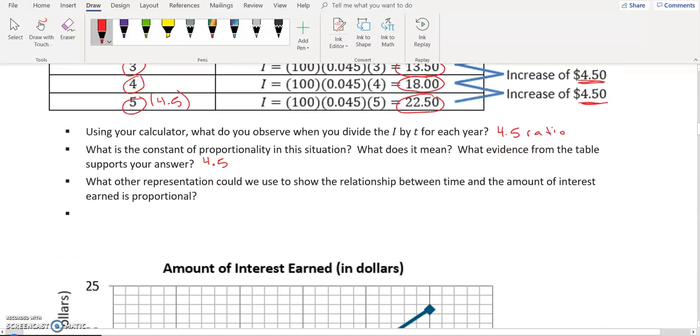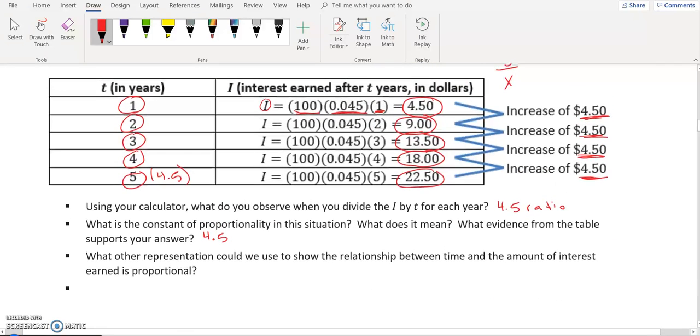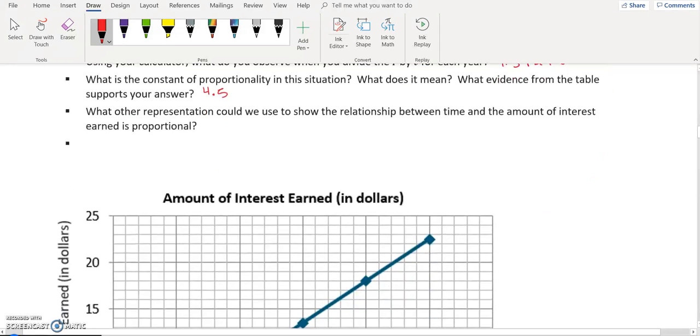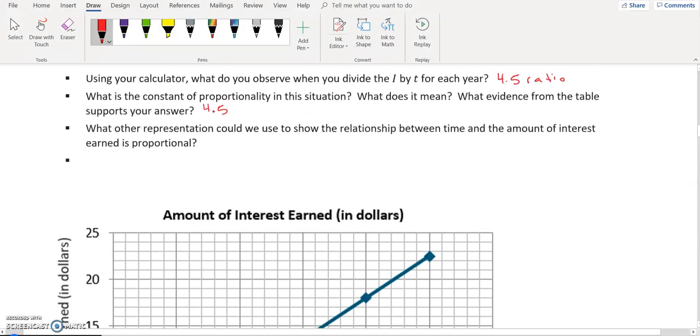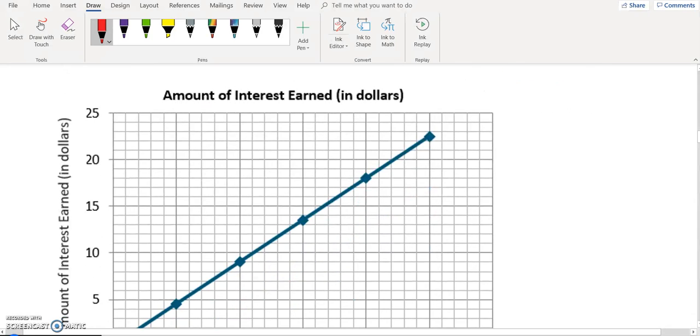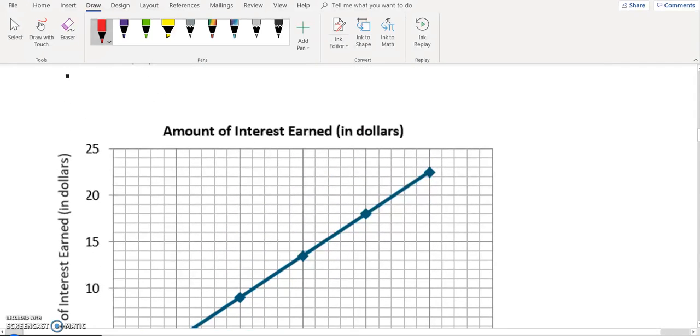Okay. What other representation could we use to show the relationship between the time and the amount of money is proportional? So we have a table here. What else can we use? And that's right, we can use a graph. Here is that graph. What are the characteristics of the graph? We have a title.